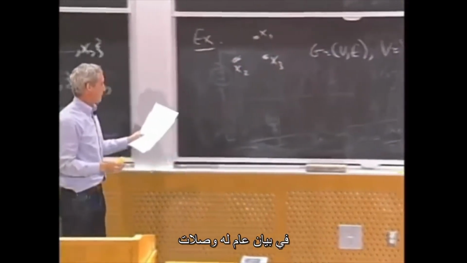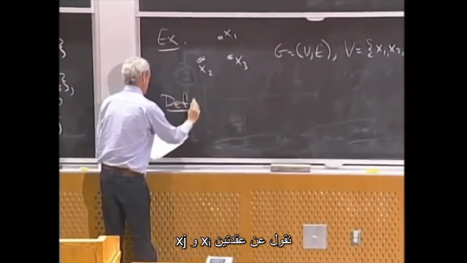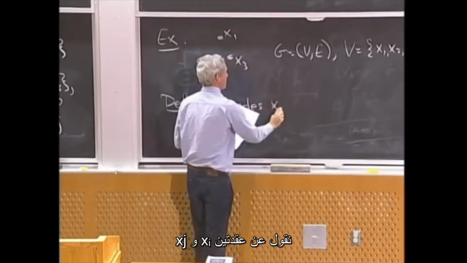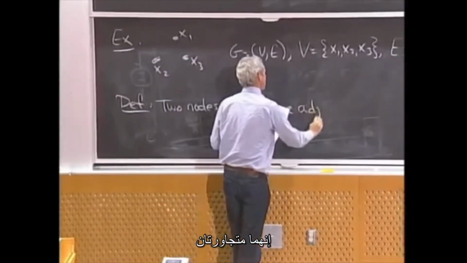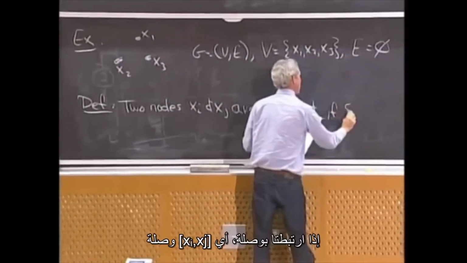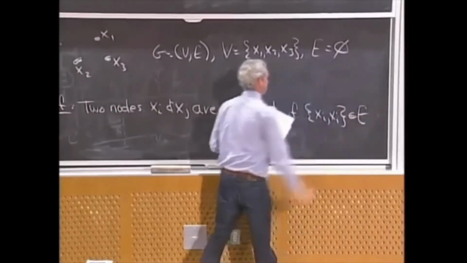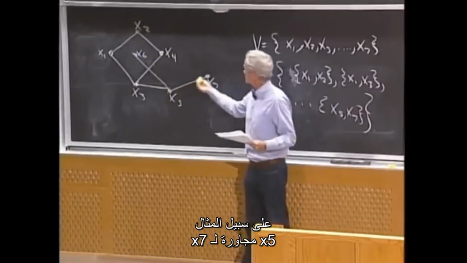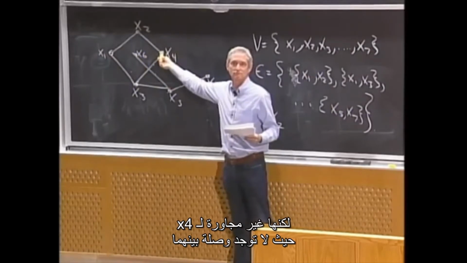Now for a general graph, when you do have edges, we say that two nodes, call them xi and xj, are adjacent if they're connected by an edge, namely if (xi, xj) is an edge. So for example, x5 is adjacent to x7, but it's not adjacent to x4. There's no edge there.